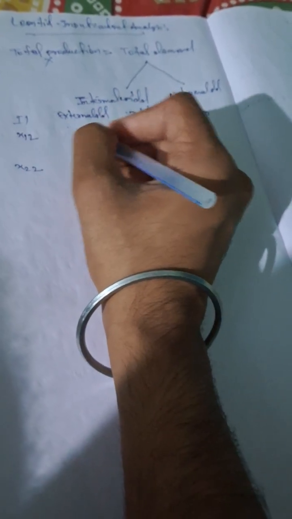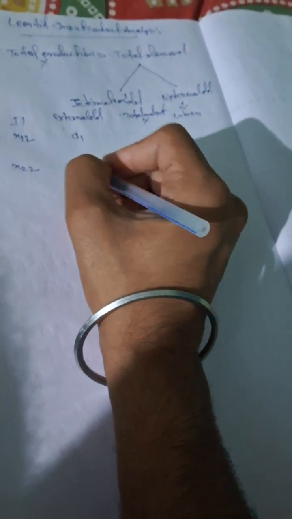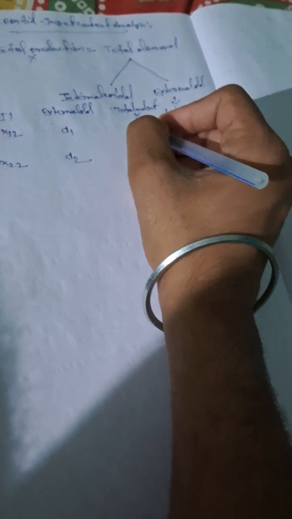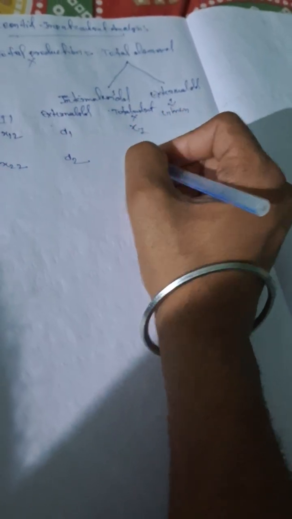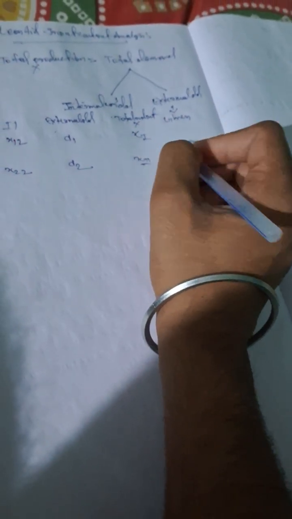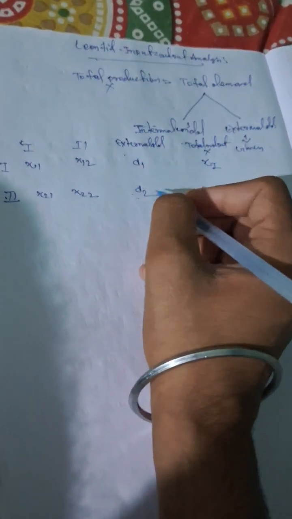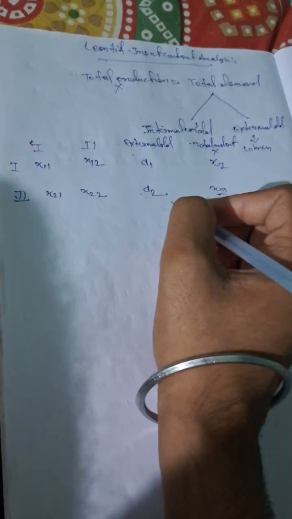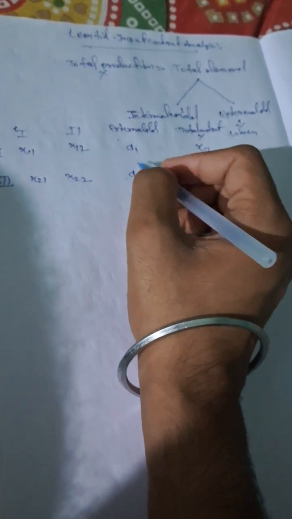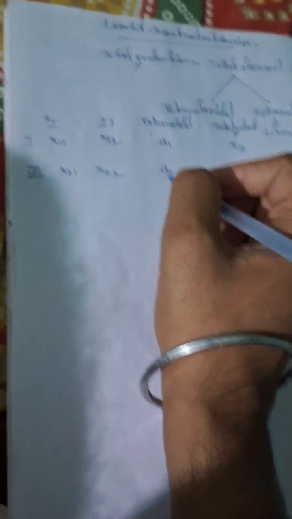External demand is represented by D1, D2, and total output is X1, X2. In an open economy, external demand should always be positive, but in a closed economy, external demand should be zero.